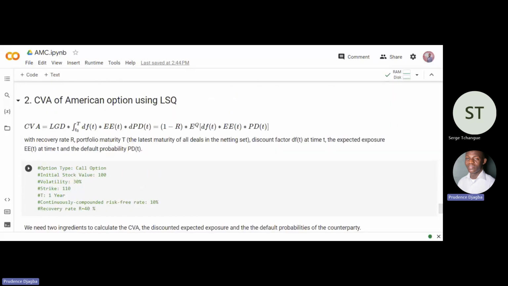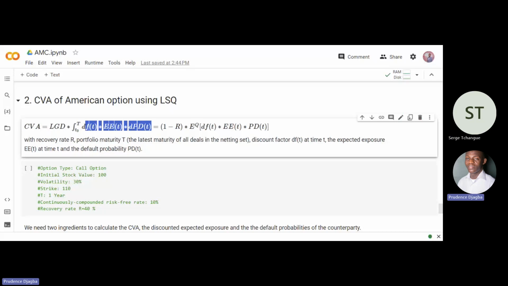The formula is given by the loss given default multiplied by those factors, and R here is the recovery rate, which is 1 minus the loss given default, and the term that we need here is the expected exposure.